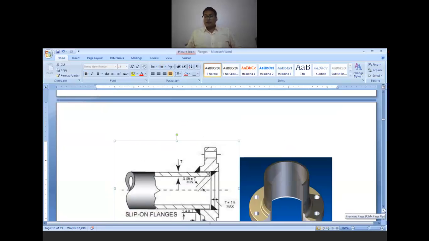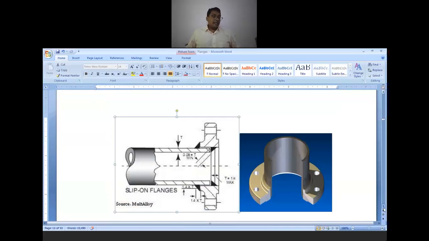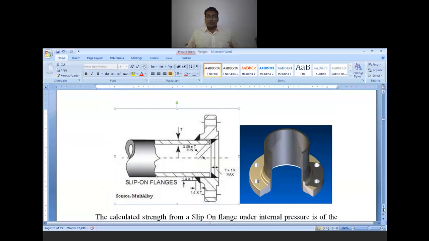So this is the figure which you can see related to the slip-on flange. Inside this slip-on flange there is a pipe that is provided, and it is welded at this side so that it will be completely fitted.